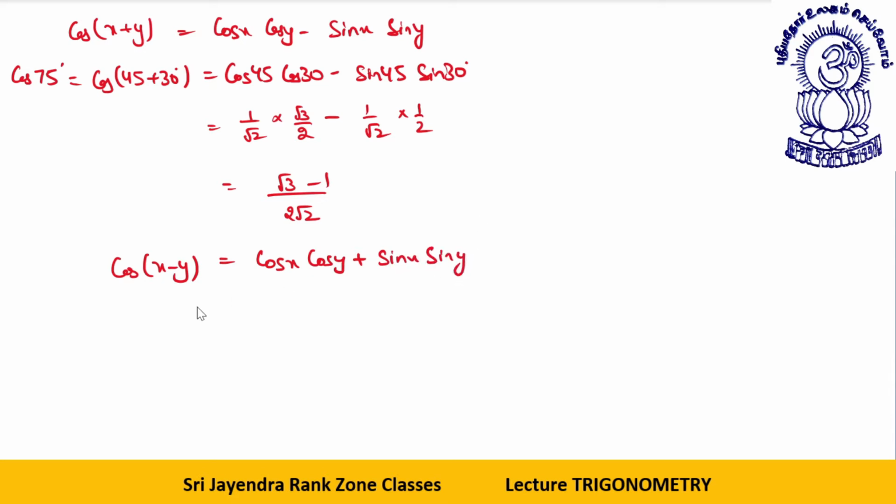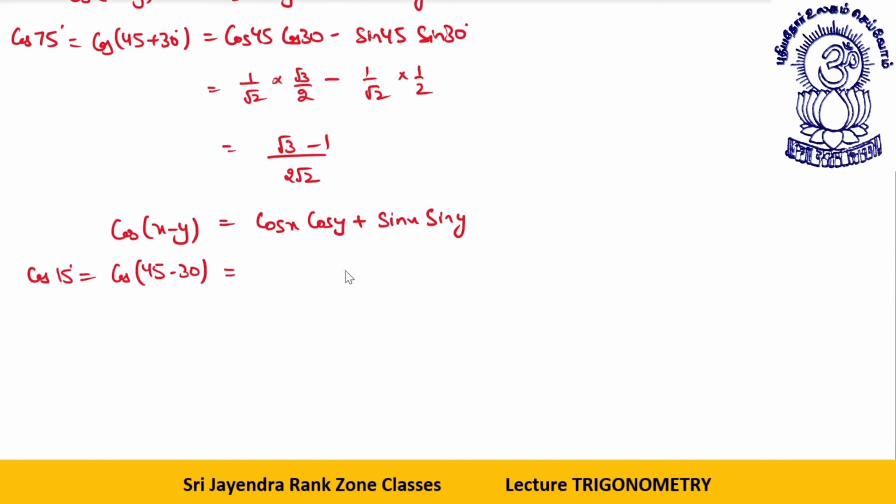Okay, by using this formula, cos 15 degree can be found out as cos 45 minus 30. That will be cos 45 cos 30 plus sin 45 sin 30.